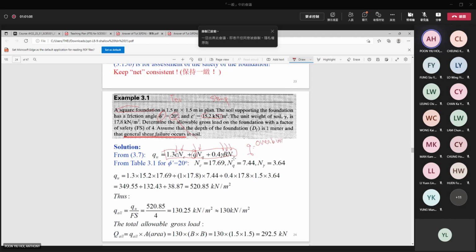Or it is called the effective surcharge. Right? So this is very simple. How many meters below the ground is the foundation buried? So it is 1 meter below the ground, and this is the density of the soil.